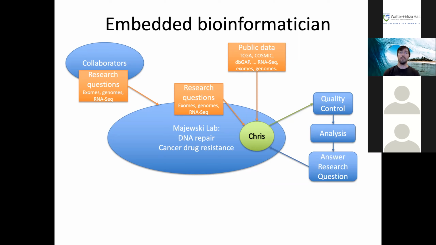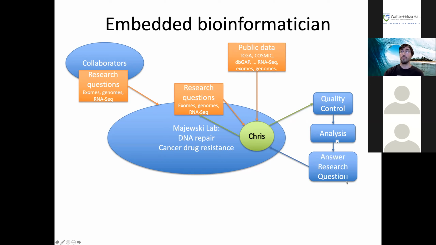And we then use the output of that to try as best as we can to answer the research questions that we or the collaborators are looking for. And I then try to report back on the research question, either within the lab or to collaborators. I've been an embedded bioinformatician for many years, and we've gone through this cycle close to 100 batches, and we're getting pretty good at this part.